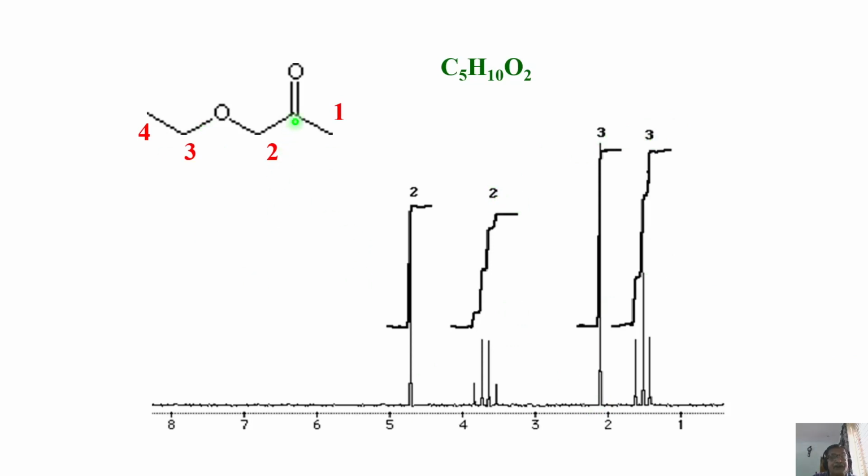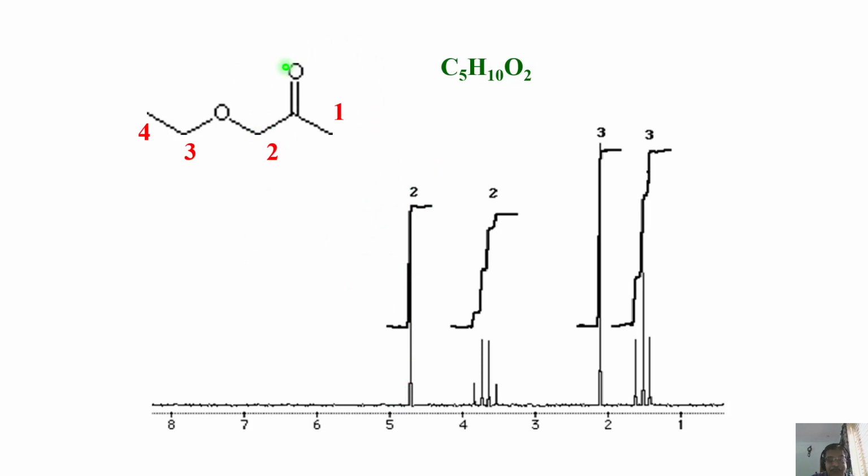And in this molecule, we have a CH2 group in between, separated by O and the double bond O. These two CH2 protons do not experience any coupling with this group or this group. So it remains a singlet. As a consequence, it gives a singlet of intensity 2. So this can be accounted for by the CH2 protons.